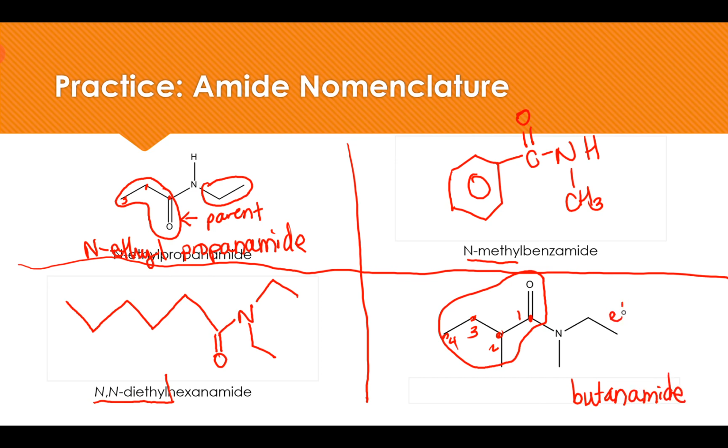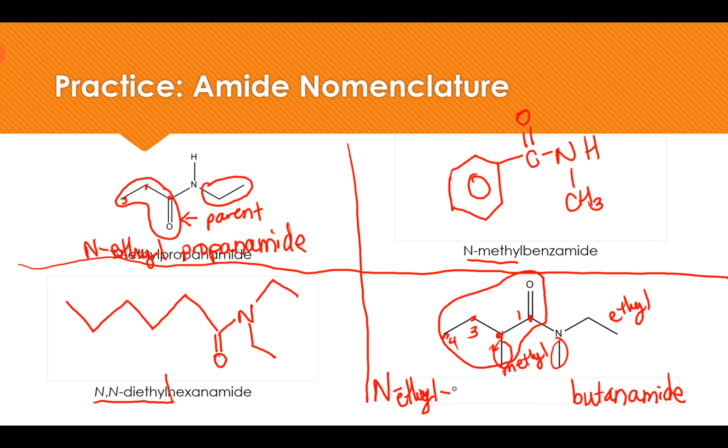We also have an ethyl, and we have a methyl. Actually, we got 2 methyls. We got one off the nitrogen, and we have this one. So that's dimethyl, 2,N-dimethyl, and this is an ethyl. Ethyl comes first alphabetically, so that's N-ethyl.